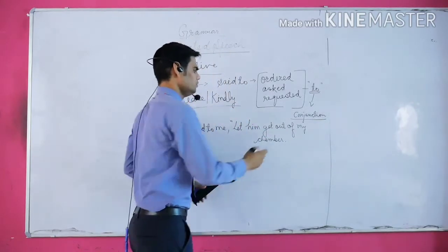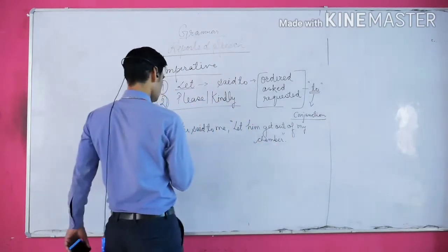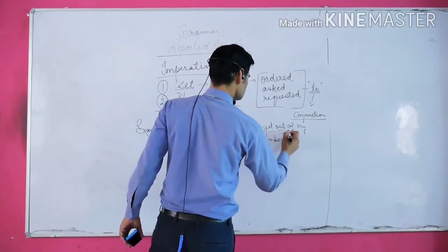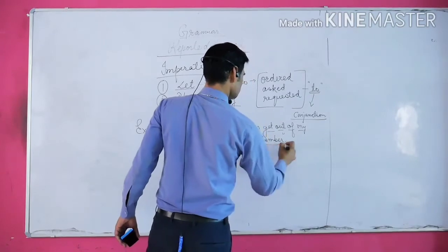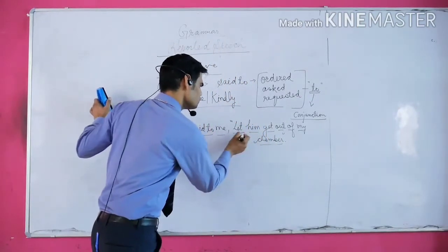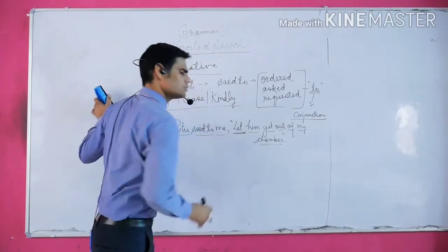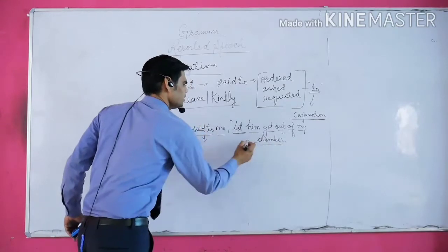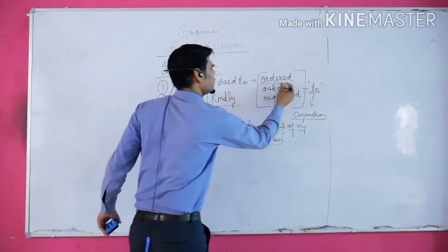We have written, Ritu said to me, let him get out of my chamber. In inverted commas, we have a sentence started with let. So we will change according to the mood of the sentence. Here we have a mood of order.